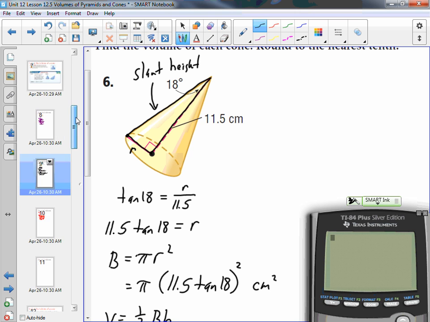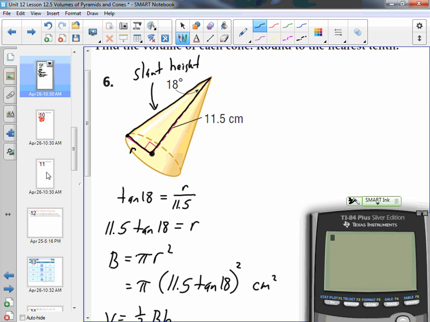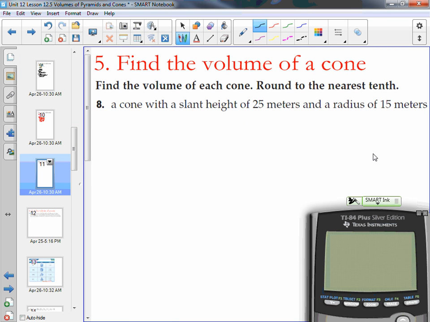Since they gave us the slant height instead of the height, they're going to make us work for it, aren't they? So I think I'm going to like this problem. So we have a cone with a slant height of 25 meters and a radius of 15 meters. I'm not going to draw the whole cone. I'm going to draw the slant height, 25 meters, okay? The base is down here.